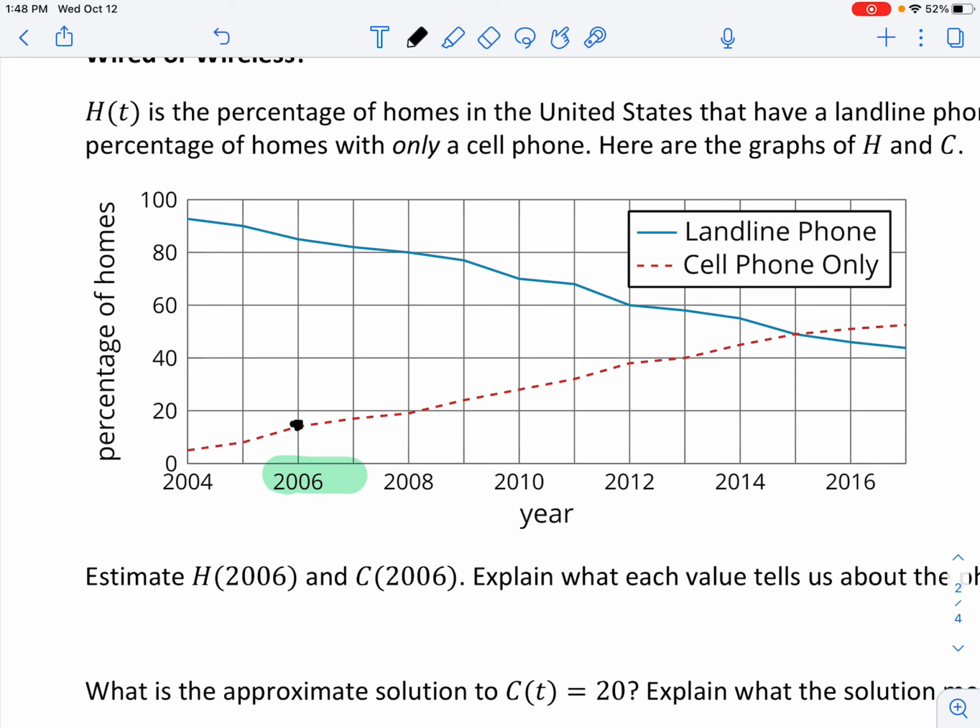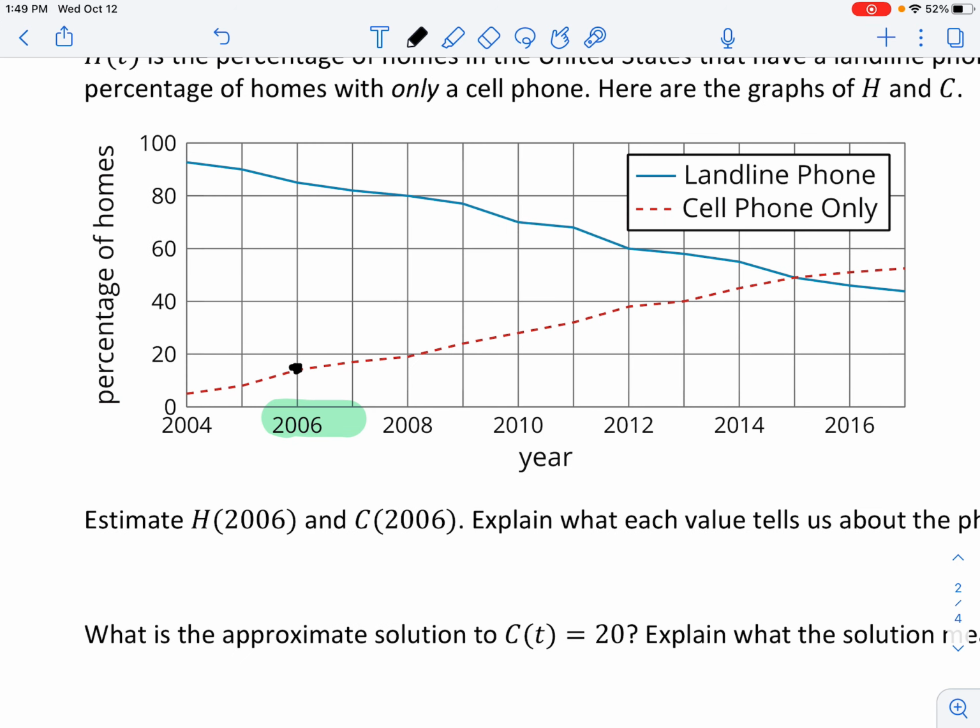It looks like it's about 3/4 of the way. So I would say that C of 2006 is approximately 15. And that means 15% of households have only a cell phone in 2006.